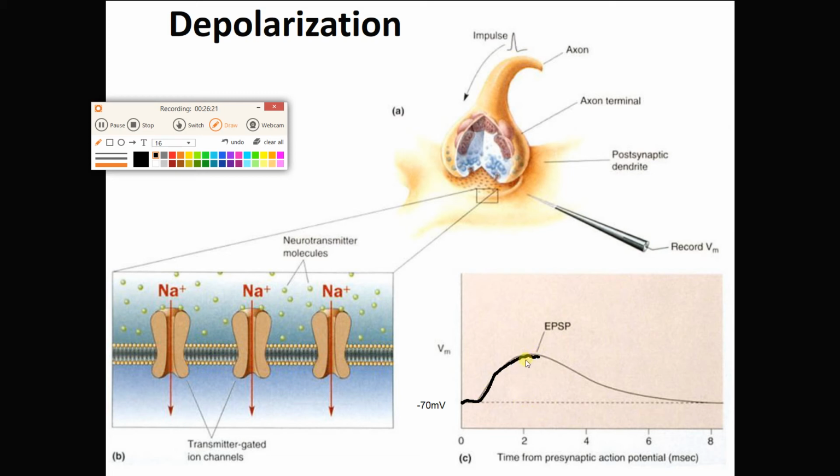Now, how does it happen? What I want you to notice is this synapse. I have a dendrite of one neuron, and there is an axon terminal coming right up against it. An electrical signal is going to travel down this axon to the axon terminal.